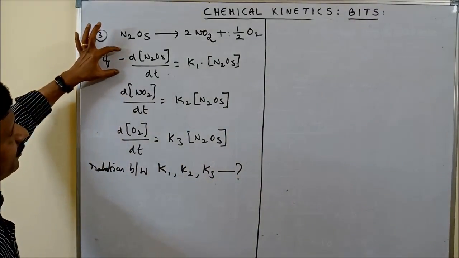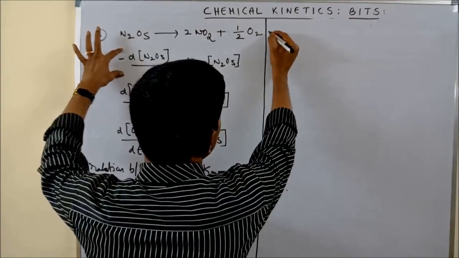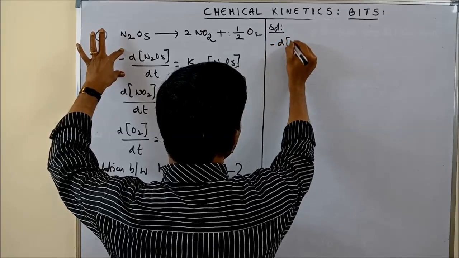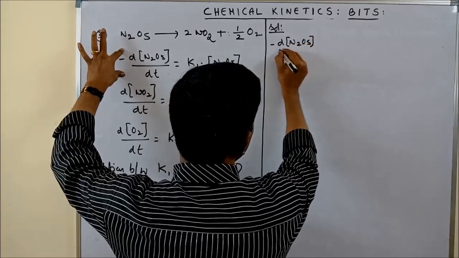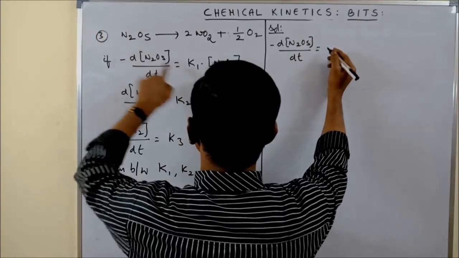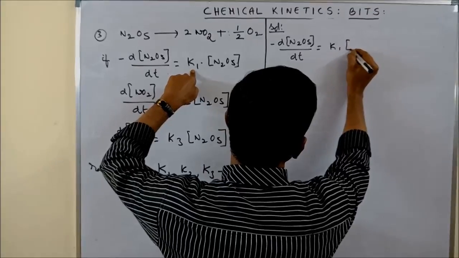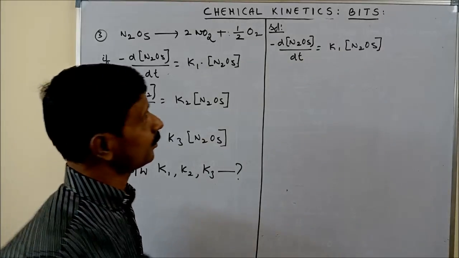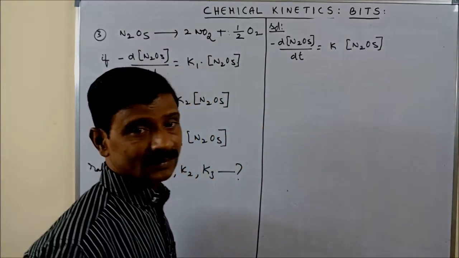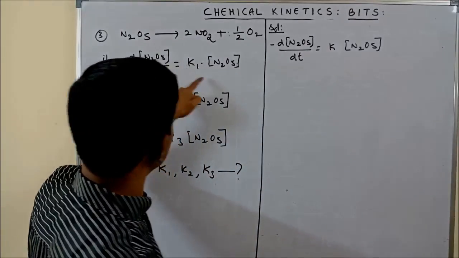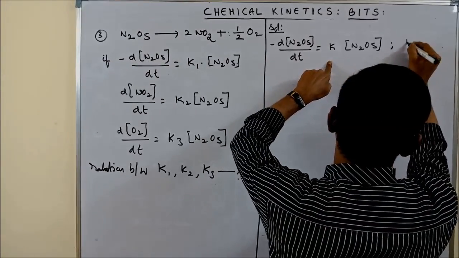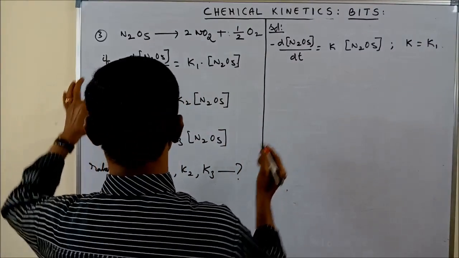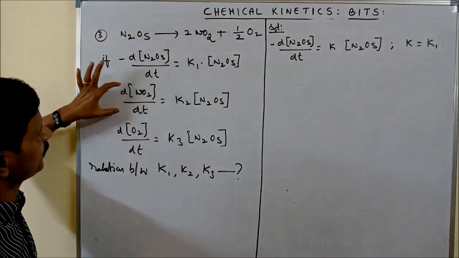First of all, with respect to N2O5, here I am giving the solution. Minus d[N2O5] by dt is equal to K1 into [N2O5], or otherwise first we will consider it as K. So as per this formula, K equal to K1. And next, if you observe this expression, it is 2 moles, this is appearance.